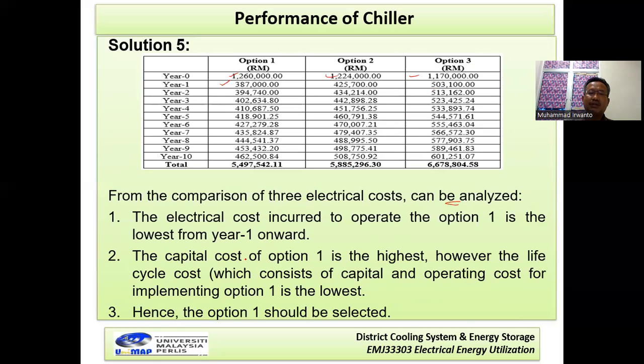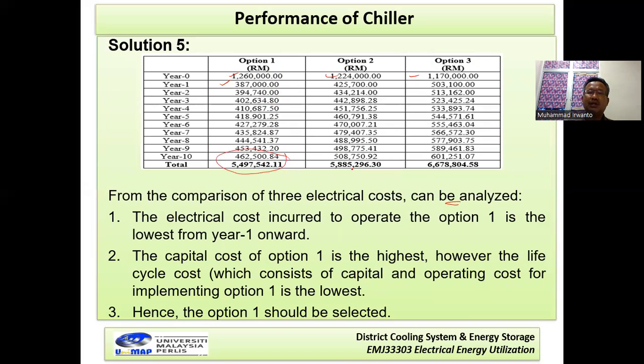Although the capital cost of option 1 is higher, we can see here that compared to option 2 and option 3, in terms of the total, option 1 is still lowest.